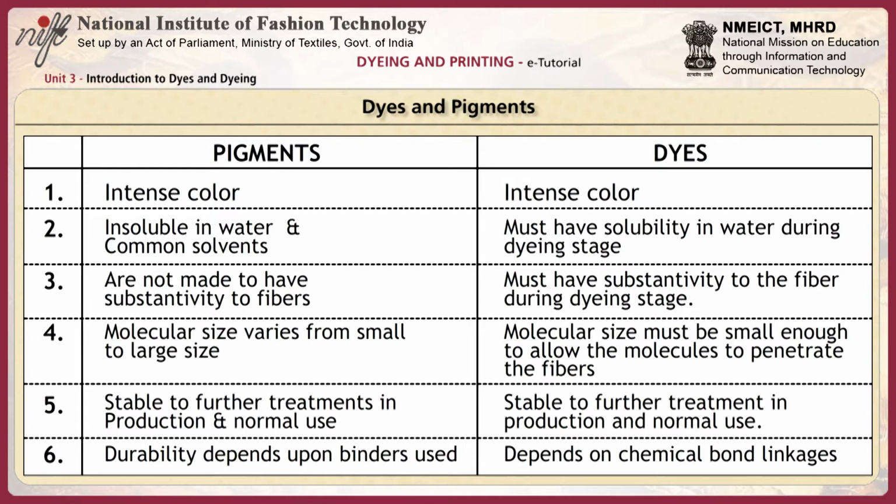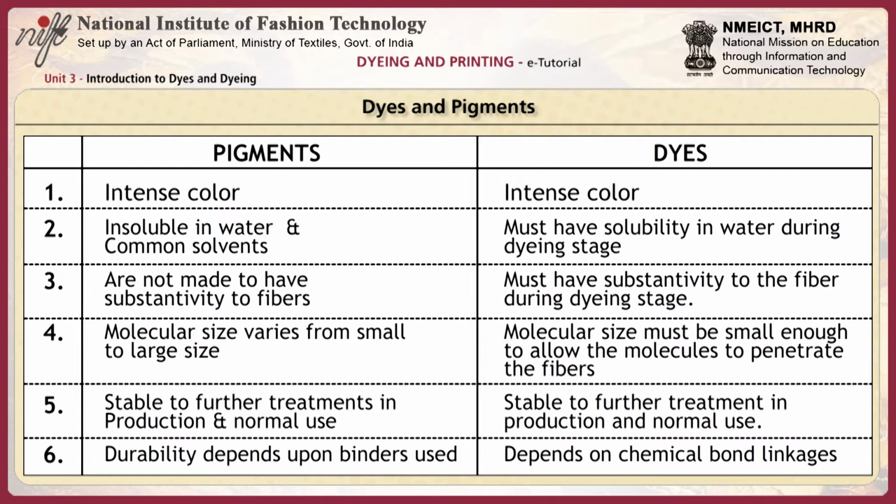Let me explain the properties of dyes. Dyes have intense color. They must have solubility in water during the dyeing stage. Dyes must have substantivity to the fiber during the dyeing stage.